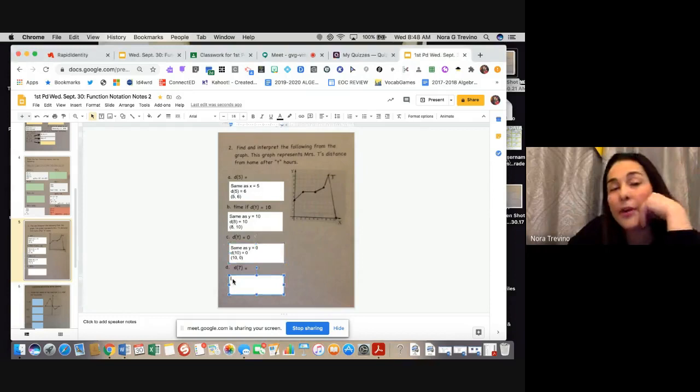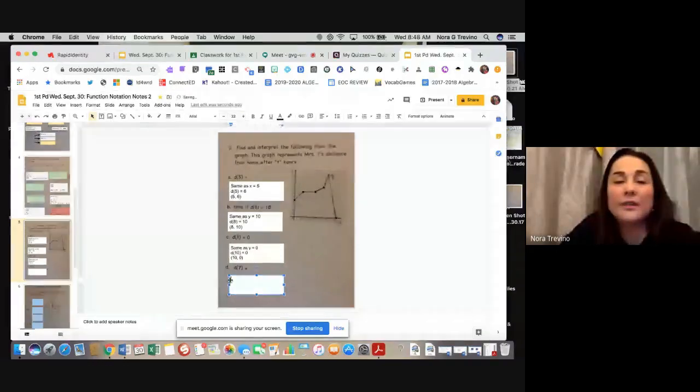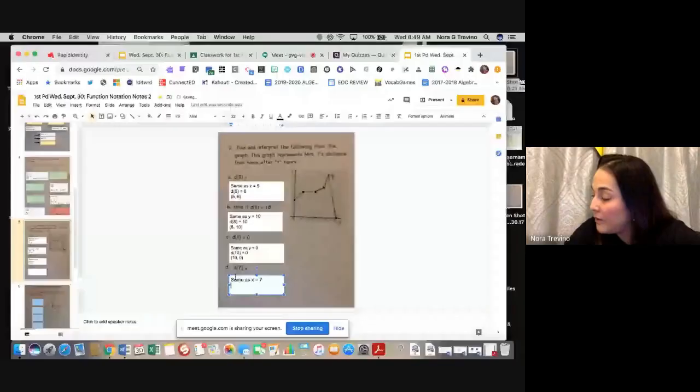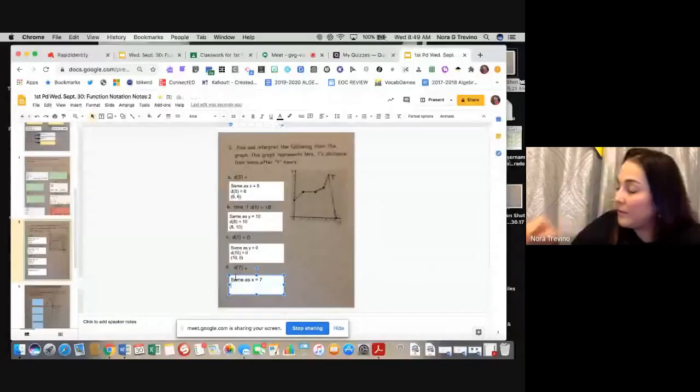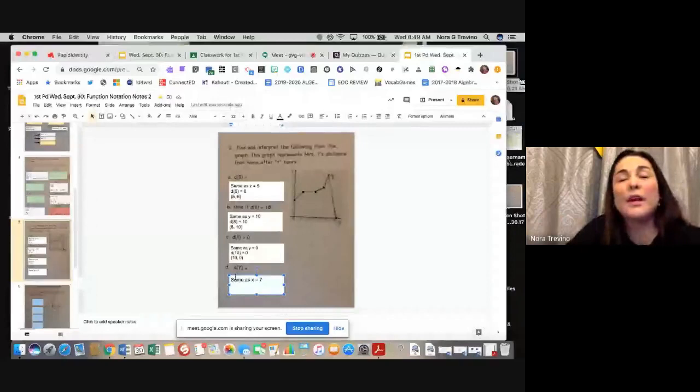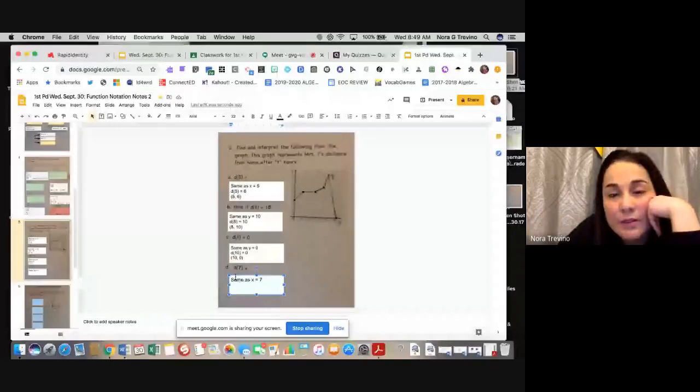All right. And last but not least, here, this is the same thing as x equals 7. And I have to go to x equals 7. So x equals 7 is right here. And then walk up to the graph.